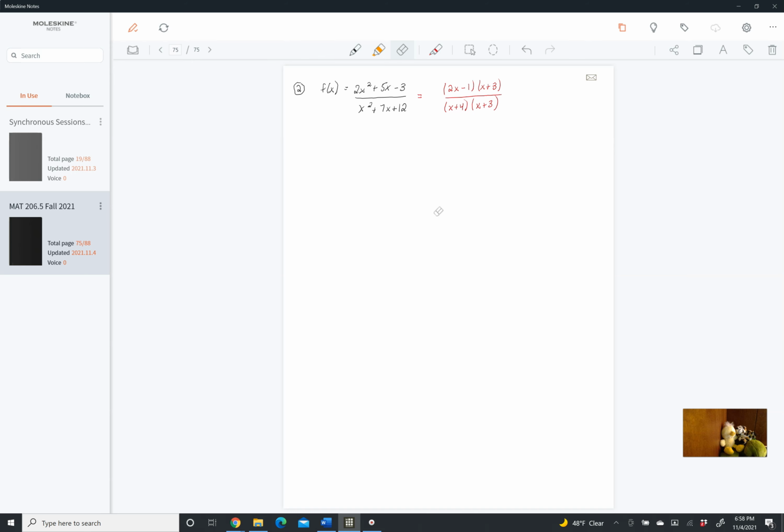Okay, so what does this mean? Well, notice that the x plus 3 cancels. So you're going to have a hole at x equals negative 3. Why do we have a hole at x equals negative 3? x plus 3 is in the denominator.